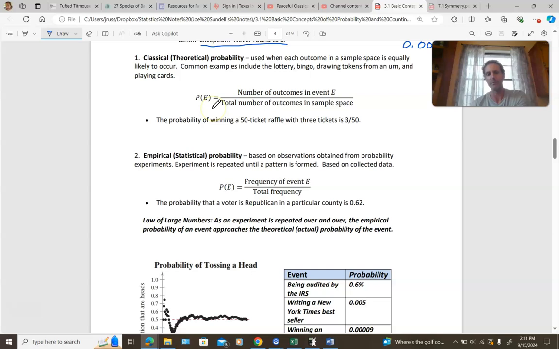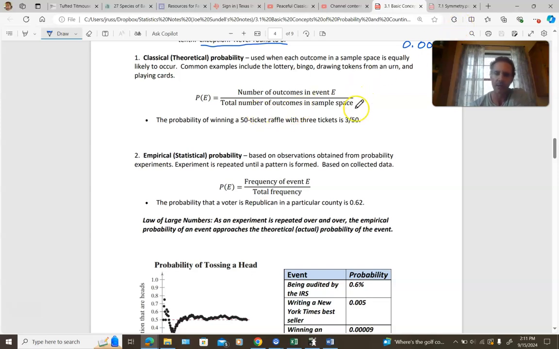An example would be if we're raffling off 50 tickets and you buy 3 of those, then the probability of you winning is going to be 3 out of 50. 50 is the total number of outcomes because there's a total of 50 tickets.